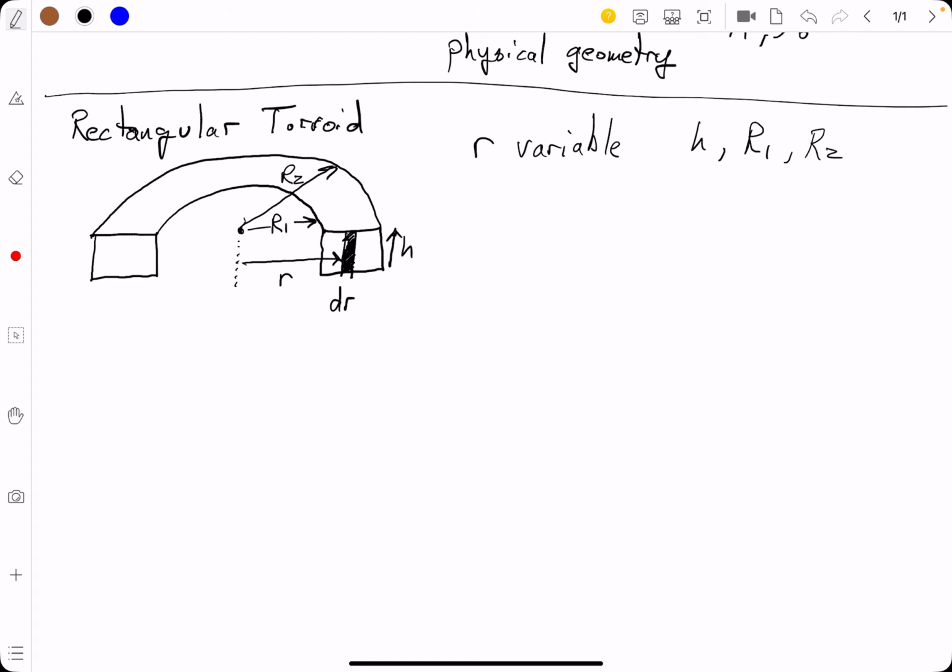All right. And then now all we have to do is figure out what this area is. Okay, this area that I've shaded in. Well, that's dA. And it's just the height times our dr, right? So that's our area. All we've done is bend the solenoid, okay, to make our integrals easier.